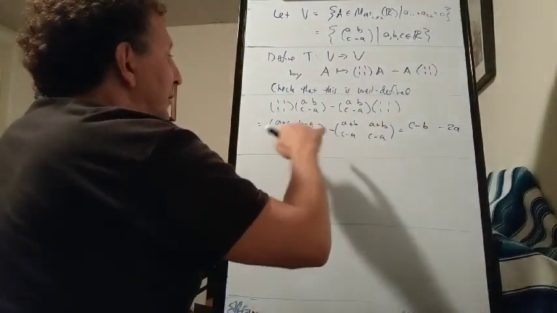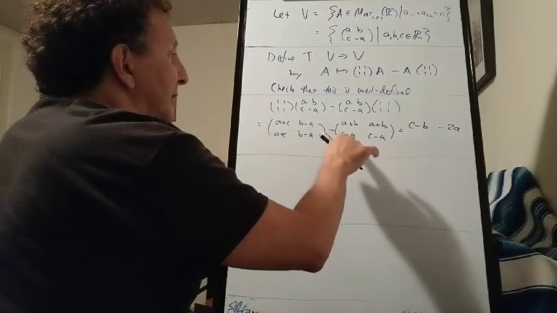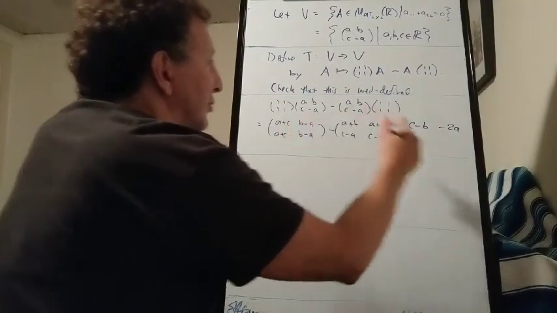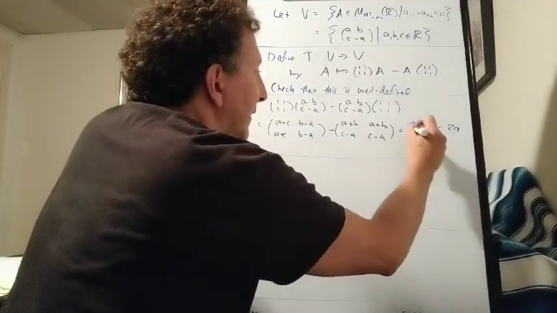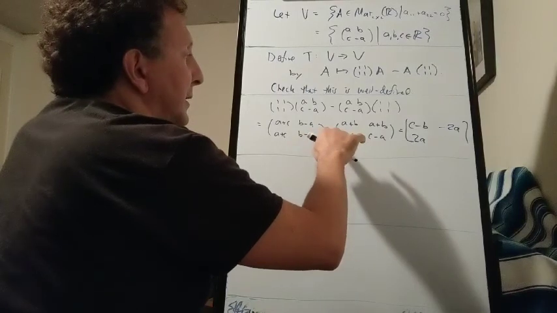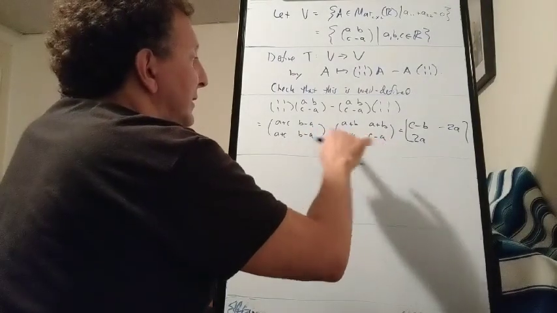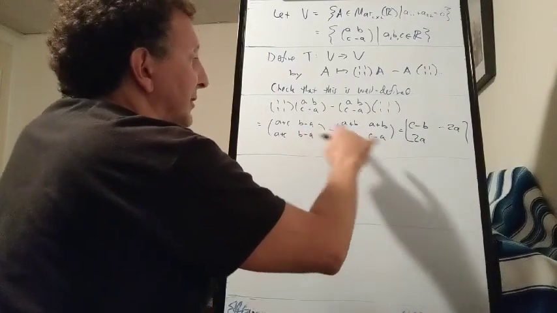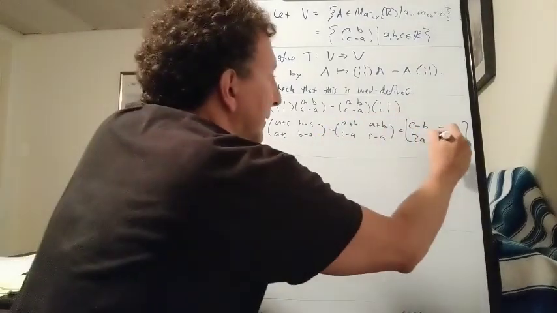Then in the lower left, we've got A plus A, that's 2A. C minus C is 0, so just 2A. And the lower right, B minus C minus A plus A. So the minus A and plus A cancel, we've got B minus C.